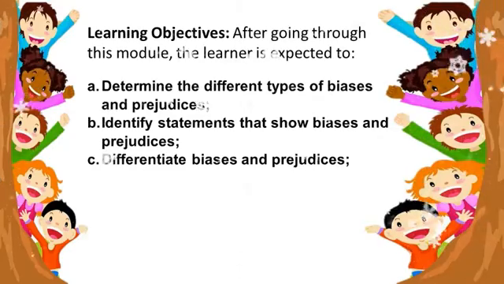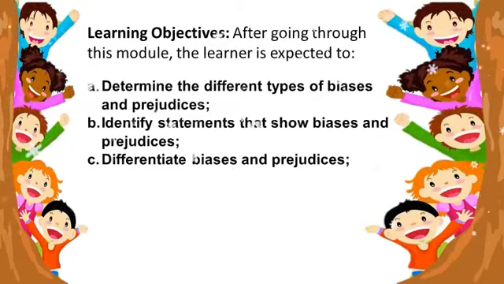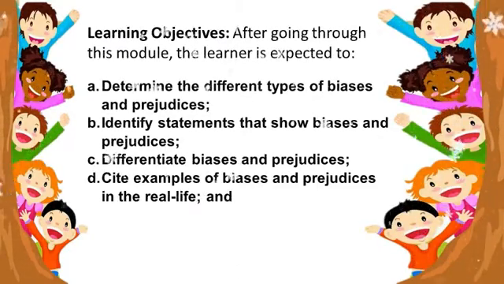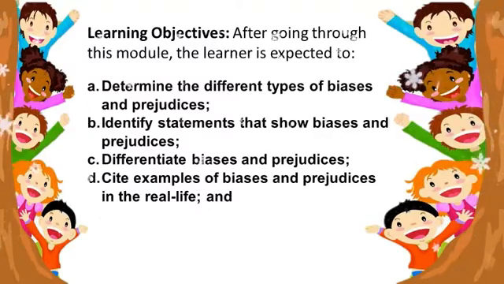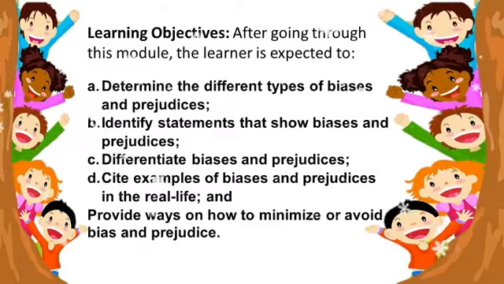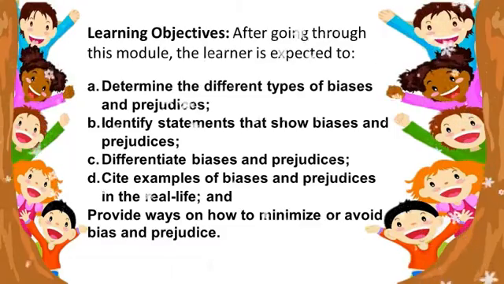C. Differentiate biases and prejudices. D. Cite examples of biases and prejudices in real life. And last but not the least, provide ways on how to minimize or avoid bias and prejudice.